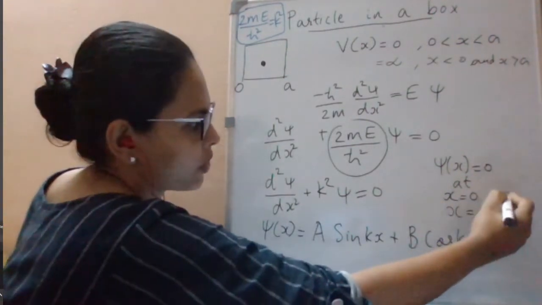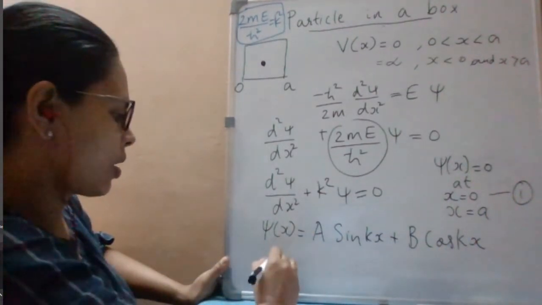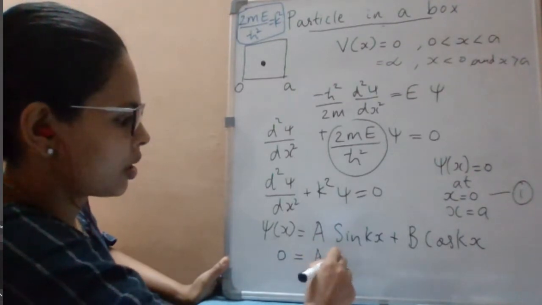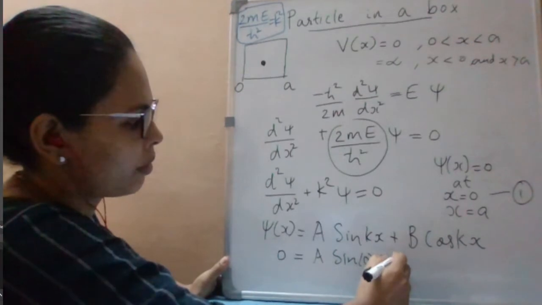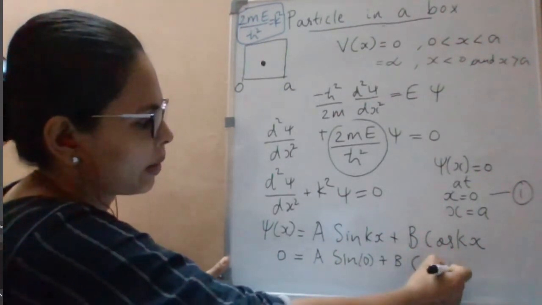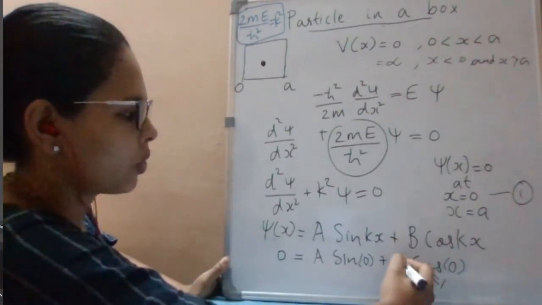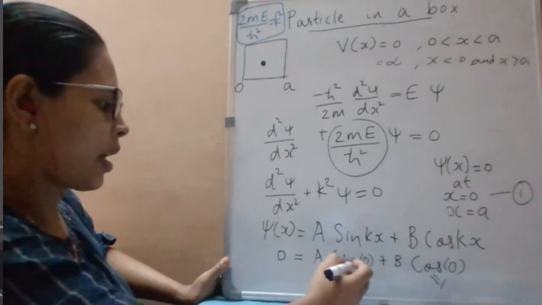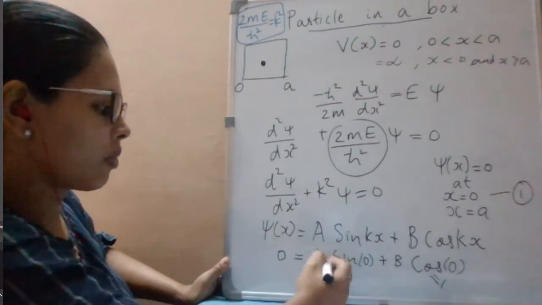So let me take this first condition and apply it here. Psi should be 0 when x equal to 0. A sine 0 plus b cos 0. As you know, cos 0 is 1, so this term b will be existing there, and sine 0 is 0 itself, so this term vanishes.